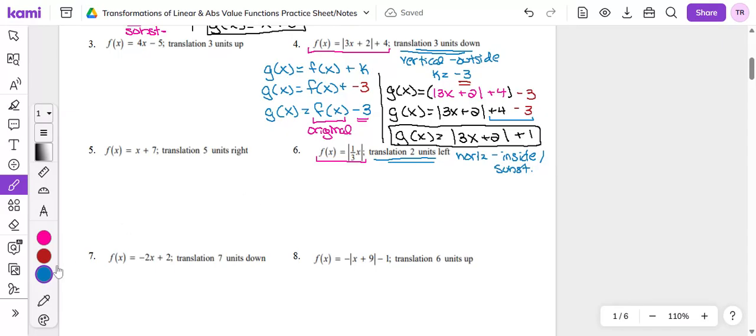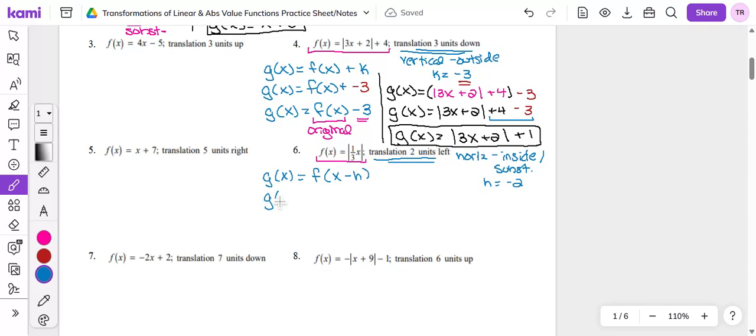And I know an h value, horizontal, is h, and the h is 2 units left. So that is a negative 2, right? Again, if I scroll back up, you would see that general formula. Okay, thought process, g of x, horizontal movements means I take the f and I change the inside to subtract an h from it.